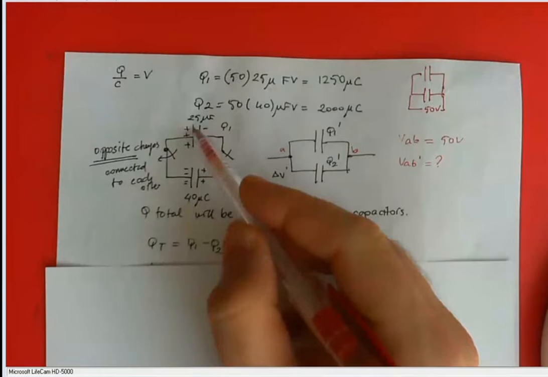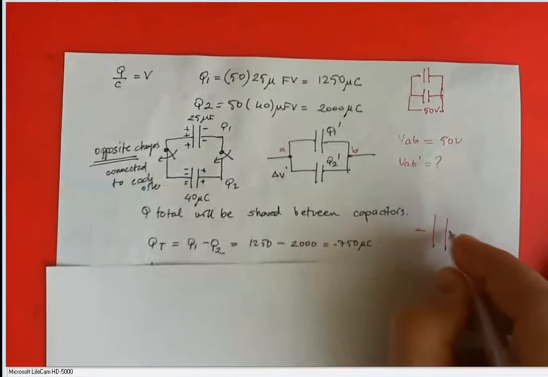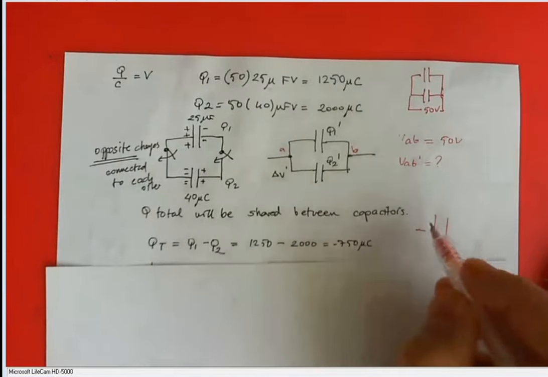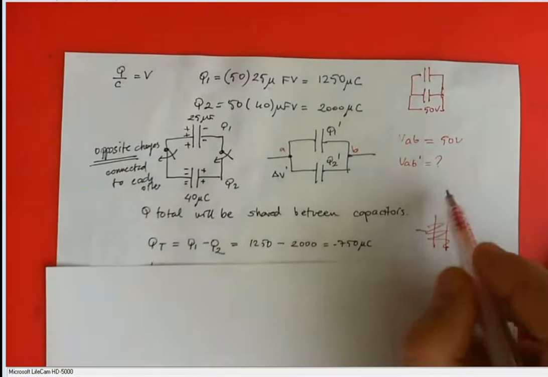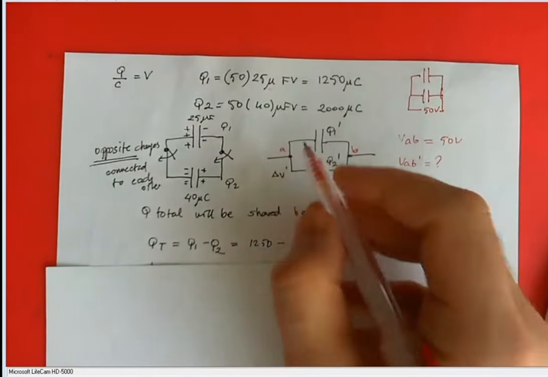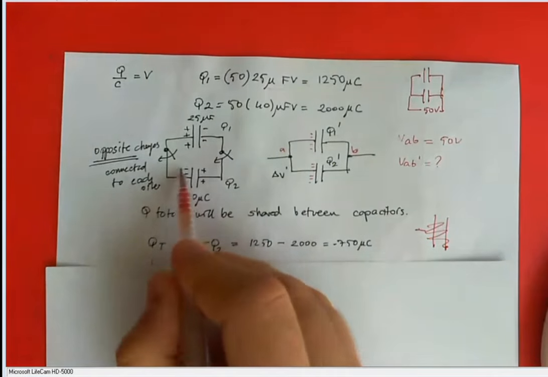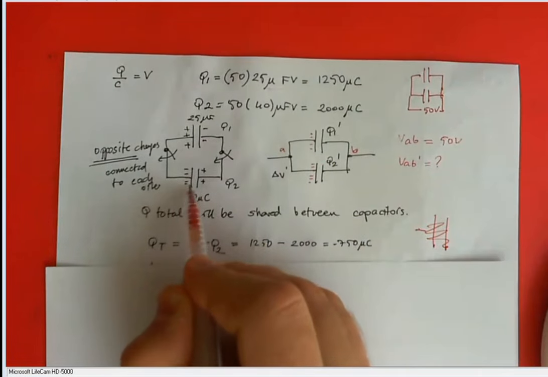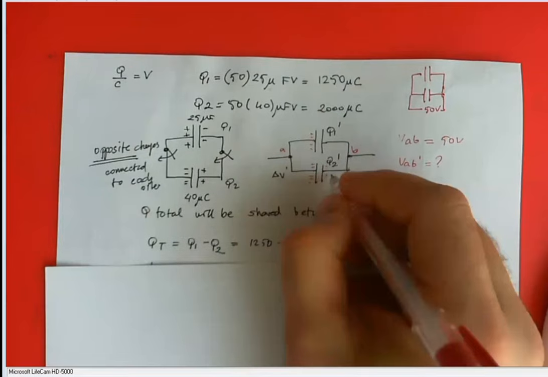Maybe I should write it like this. Once you equilibrate this thing, this will have a minus charge here, because the amount of minus here is more, and that would have positive charge here. Okay.